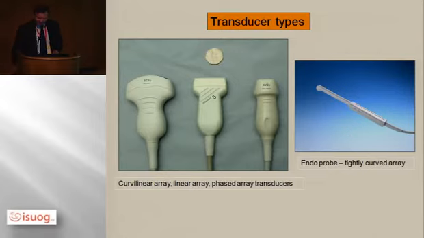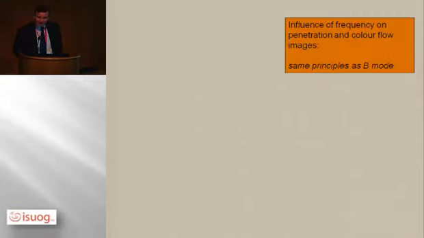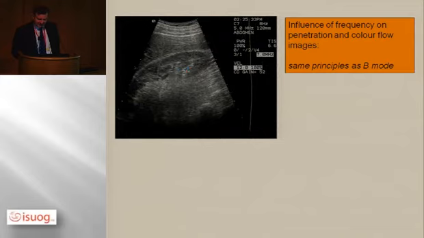So it's important also not to assume when you move from B mode to Doppler that you just forget what you learned in B mode. And if you're going to do effective Doppler in the first trimester or third trimester, you may very well have to change transducers from transvaginal to higher frequency probes to lower frequency in late gestation. So that's just as important in Doppler as it is in B mode imaging.